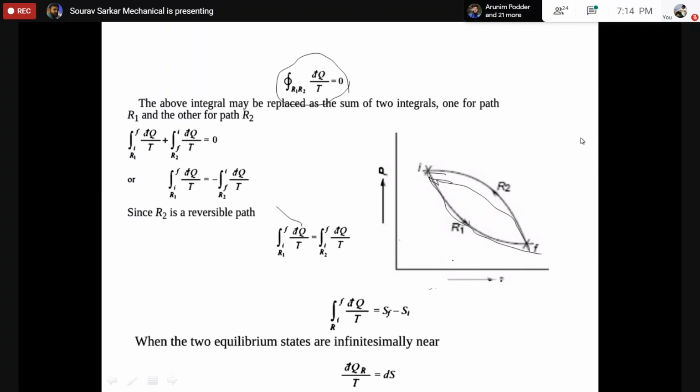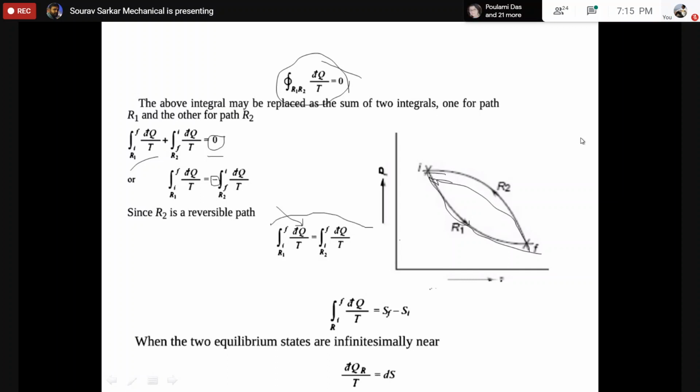During this whole cycle, my change of dq by T equal to 0. So if I fragment it, I to F, F to I, it will be 0. Now I can absorb this minus sign by simply applying the definite integral formula, simply switching the limits.